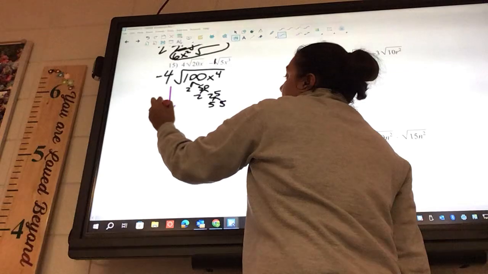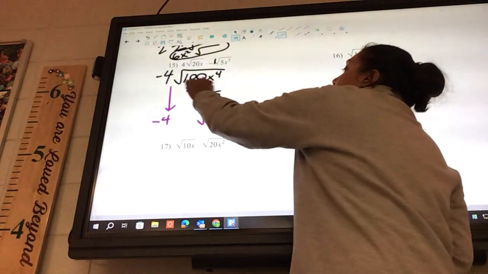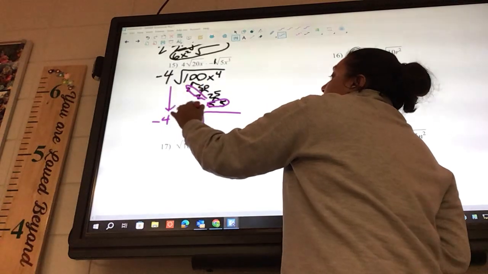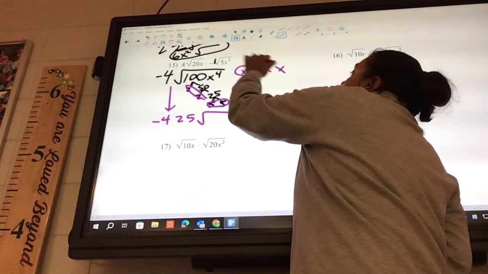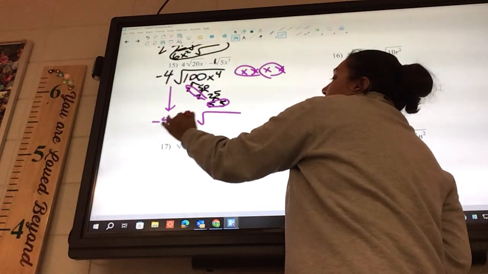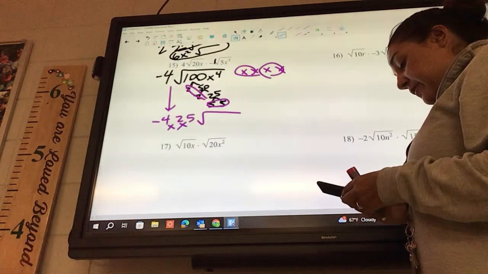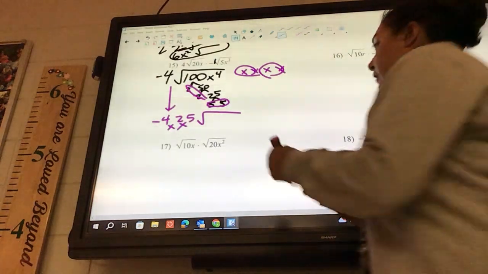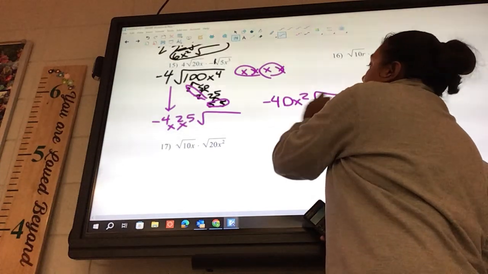I know that I need to drop this negative 4 down. The 2's can go and the 5's can go. So we're going to put a 2 and a 5 on the outside. And then I have 4 x's, so 2 groups, so 1, 2. So on the outside, 4 times 2 times 5 is going to be negative 40, x squared, and an empty square root.